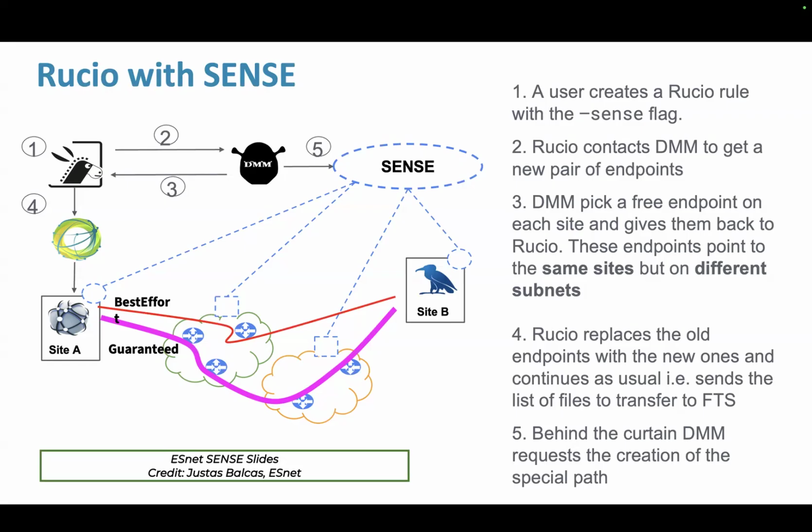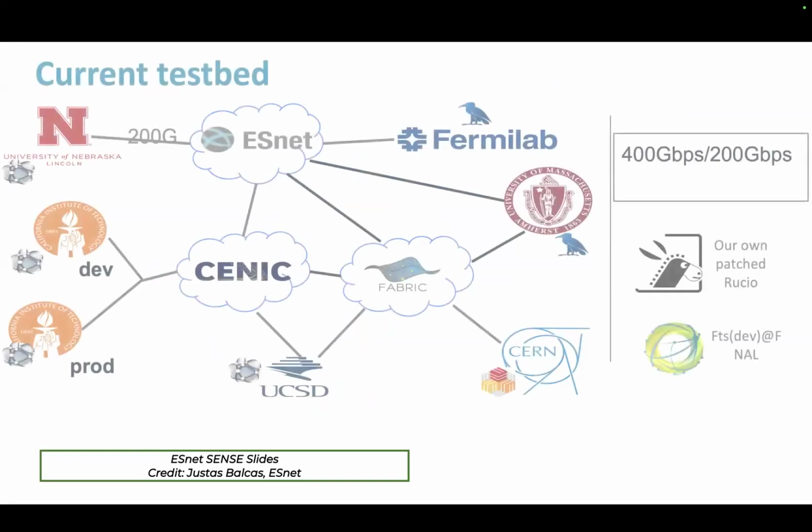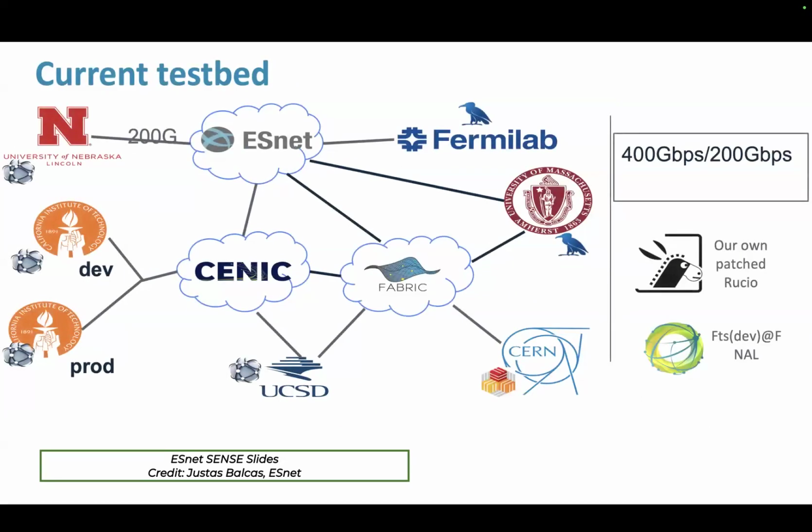So Rucio is used in conjunction with ESnet SENSE for data movement at CERN and various LHC locations, where users can hook up or connect the SENSE orchestrator to Rucio to find and establish the best paths that the data can move across. And this is what the current Rucio testbed looks like in conjunction with SENSE.